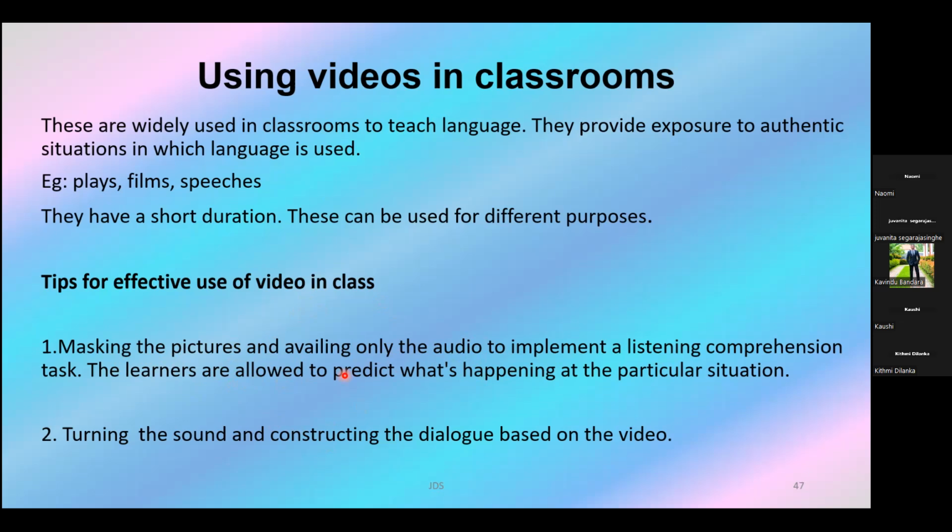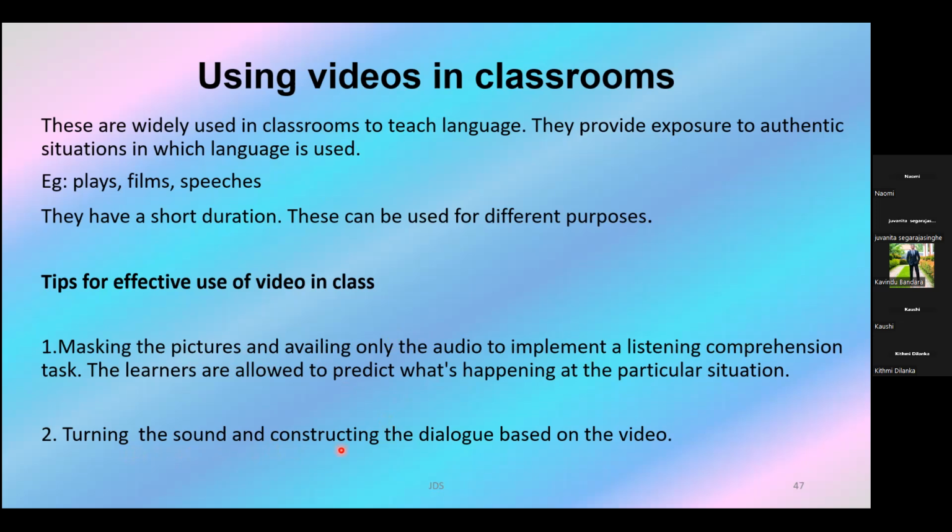That is important. Questions or any other grid, whatever the task that we are intending to give, should be prepared beforehand, distributed among them, given instructions, and then the pictures should be masked. And they need to listen to it and complete the task.